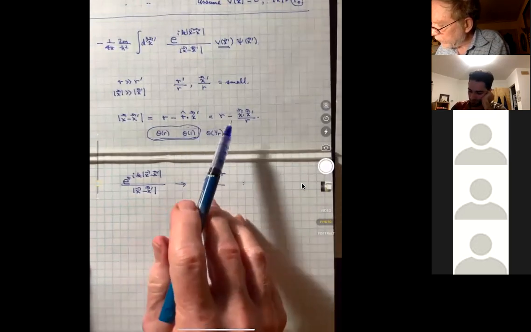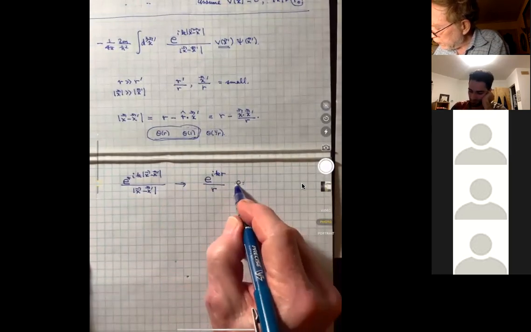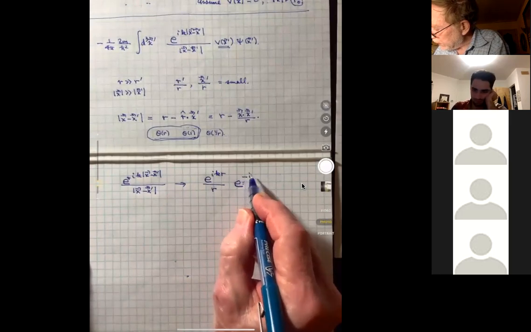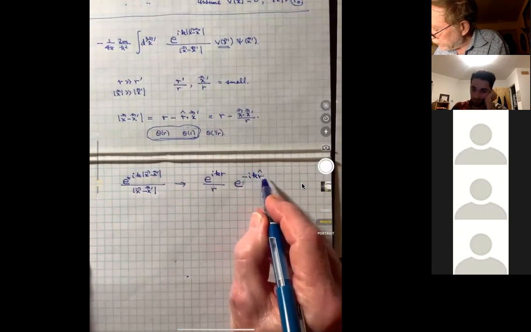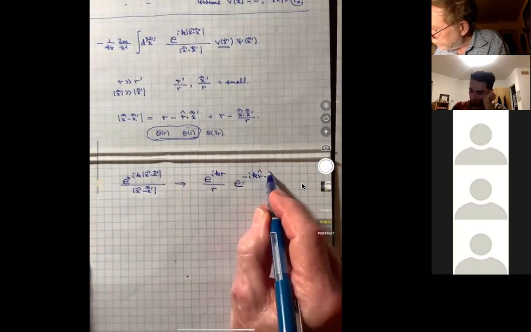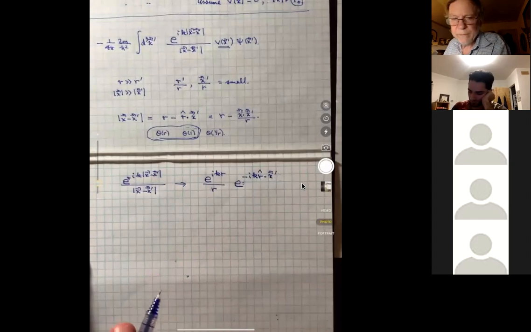The ikr comes from the first term here, times e to the minus ik, let me write it this way, r hat dotted into x prime. Okay?